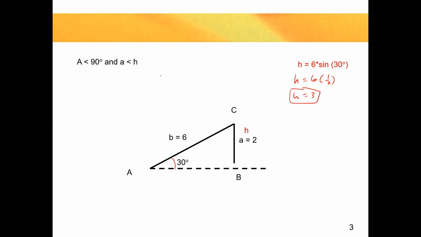Just for this problem, and it's all based upon the connection between these two and whether this is an acute triangle or an obtuse triangle. So this is case 1. We're going to go through 6 cases like this.